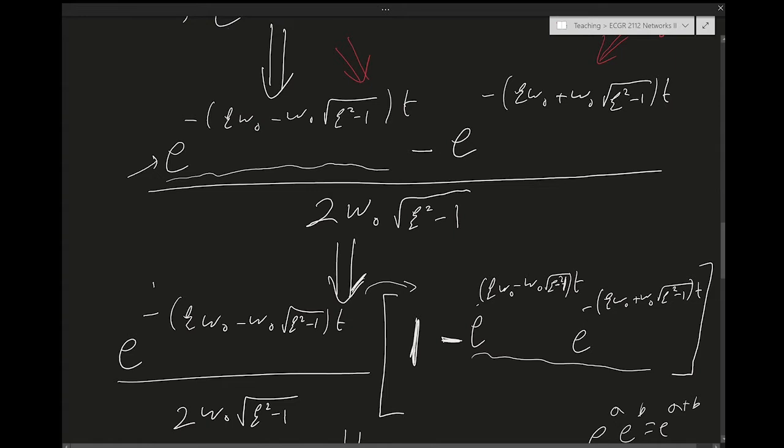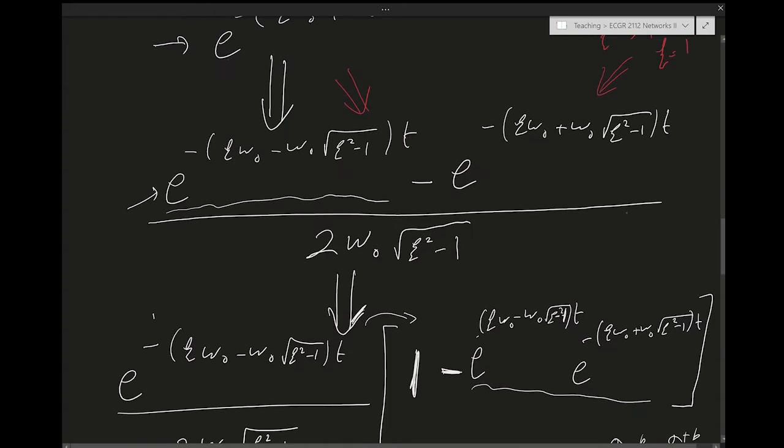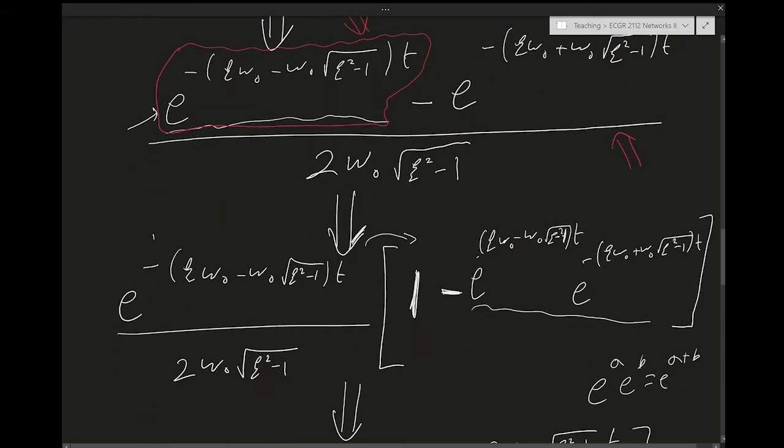And let's manipulate this a bit. I want to take this term out of the numerator. When I take it out, I end up with this expression, and then I end up with 1 where I took this out, and then the negative of that expression.